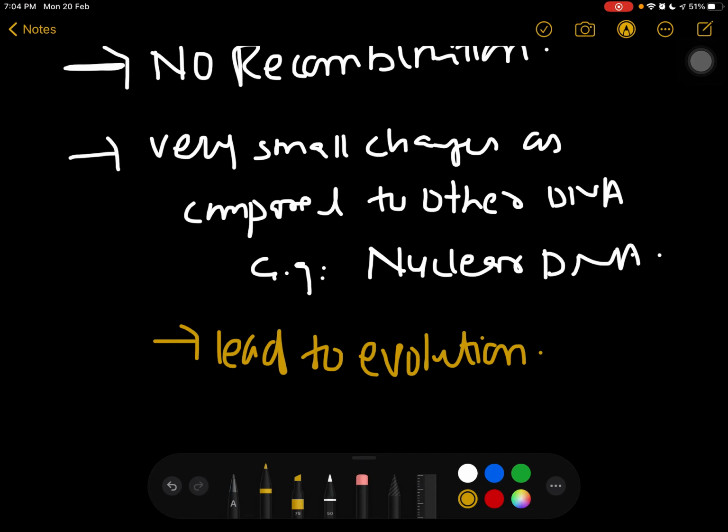These very, very small changes lead to evolution, and they help us to identify closely related species, right?